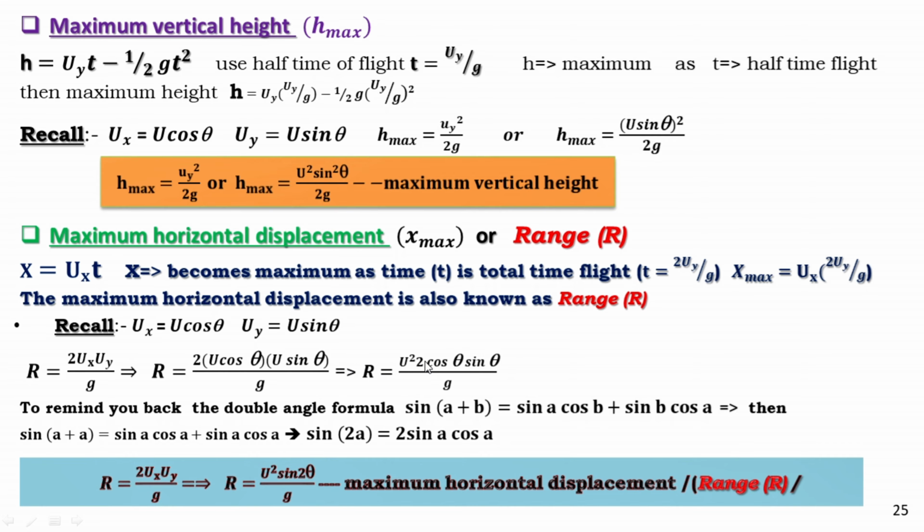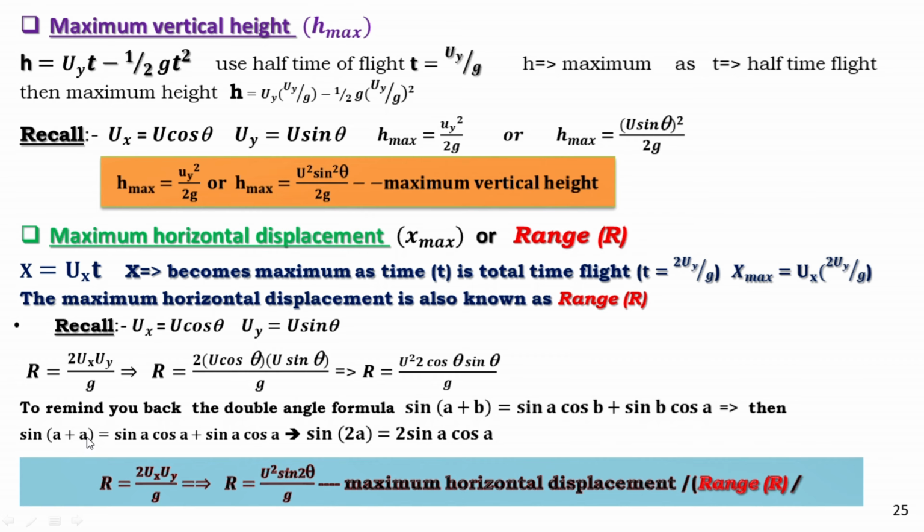So here u squared over g, then twice of cos theta sin theta ማለት ምንድነች? What will be the meaning of this? Mathematical meaning አለው. Using the angle formula in your mathematics lesson, sine, for example, a plus or minus b can be expressed as sine a cos b plus or minus sine b cos a. Now, instead of using a and b, let's use a and a, the same angle.